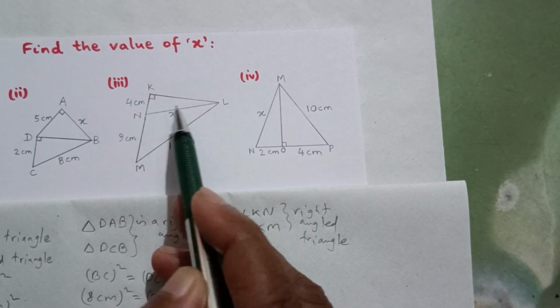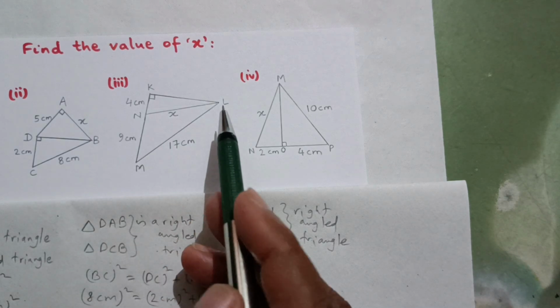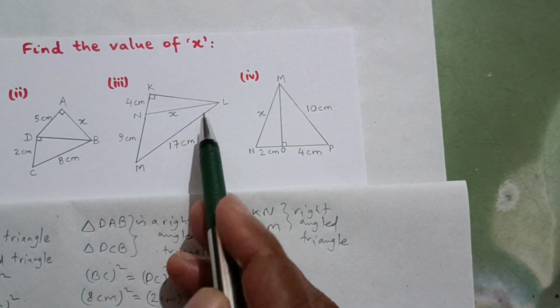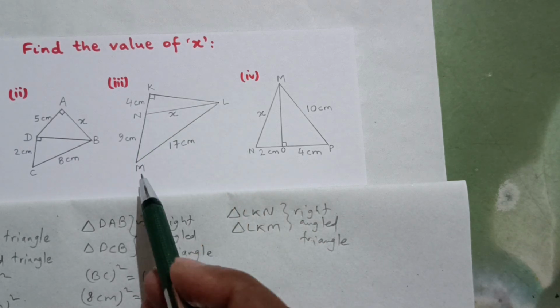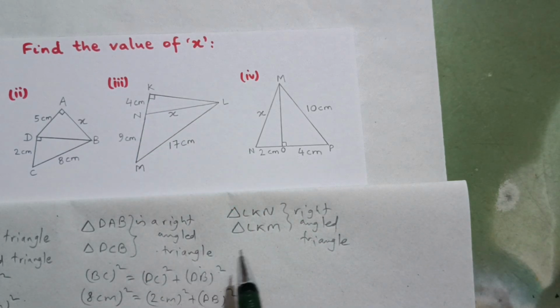Similarly, triangle LKM is also a right angle triangle because angle LKM is 90 degrees.